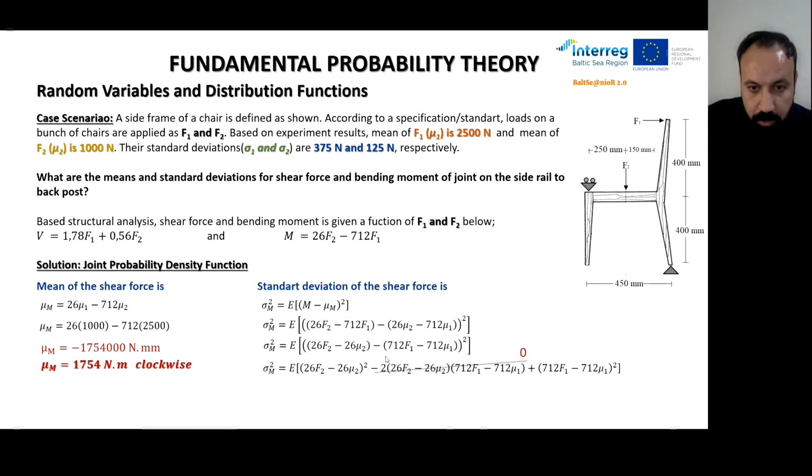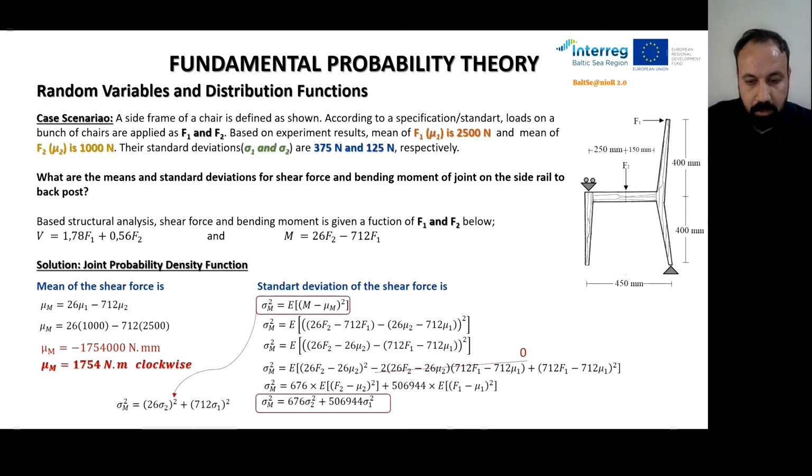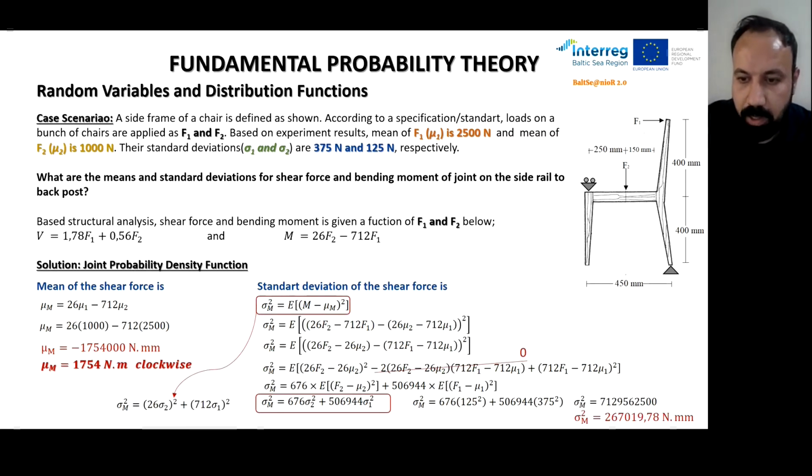Because of the rule, here is getting 0, so it makes my calculation easier. So that's why if I just go directly, I cannot see, but the standard deviation is 267 Newton meter.